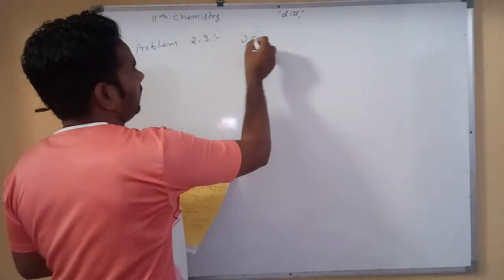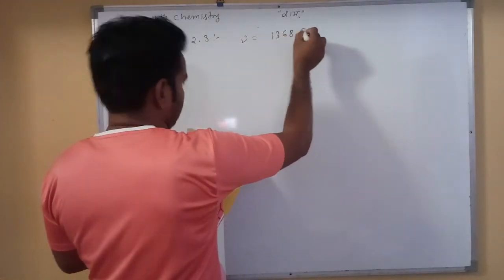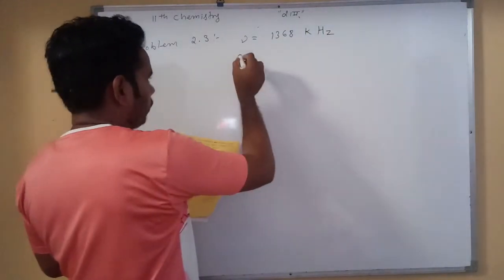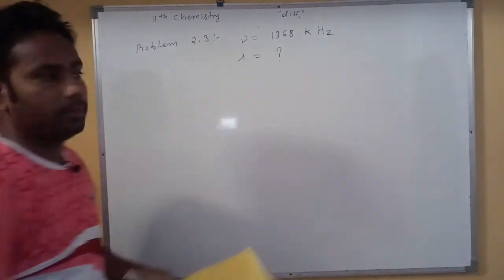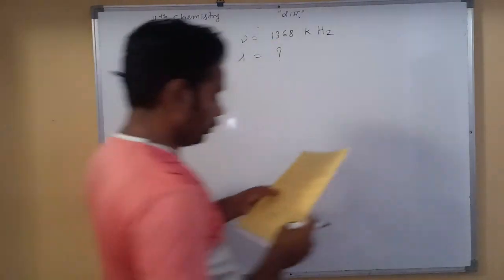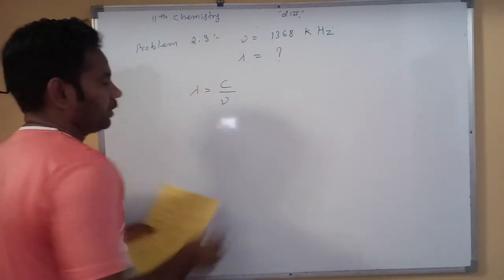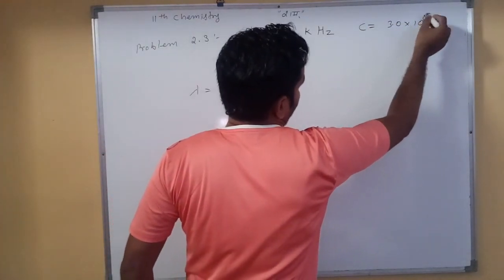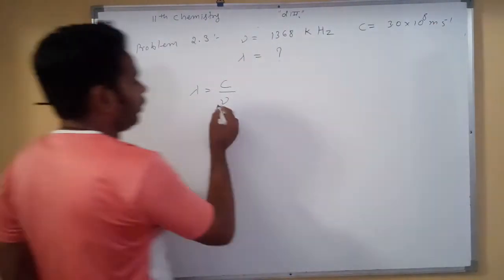In that question, mu is given as 1368 kilohertz. Then he asks about lambda for this frequency. We know the formula, lambda is equal to c upon mu, where the value of c is 3.0 into 10 to the power 8 meter second inverse.